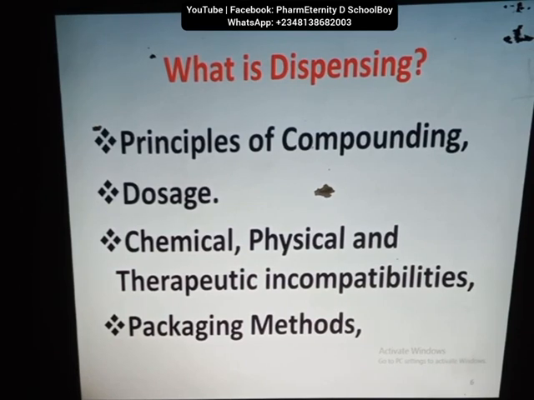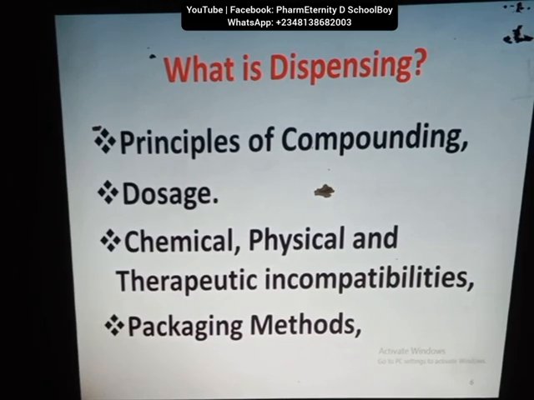If you don't know, you dispense it to the patient, and there will be an interaction that may not be palatable. And at the end, the wishes of the prescriber may not be accomplished. So it is a very important point that we should have a sound knowledge of the chemical, physical, and therapeutic incompatibilities.